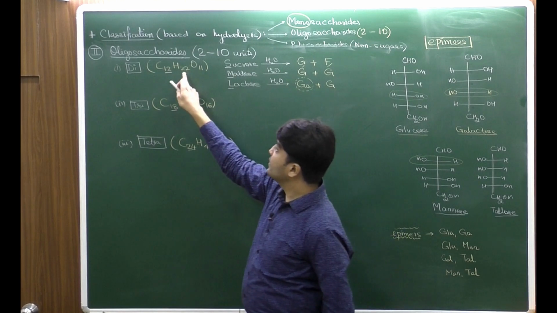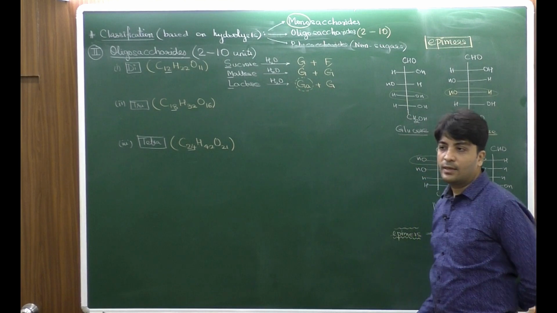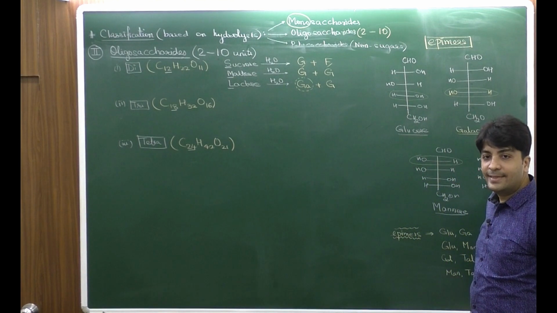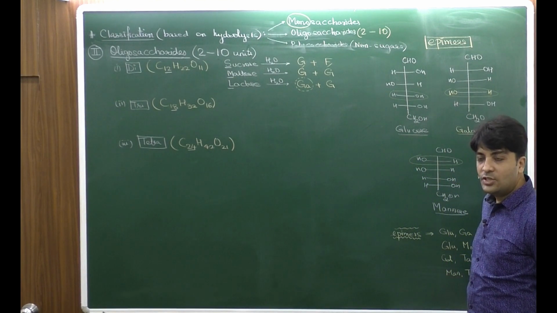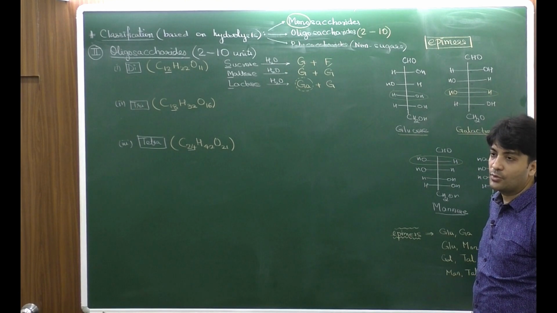So once you remember this formula, the other two formulas will come to mind. Clear? It's C12, C18, C24, then H 22, 32, 42, O just half of the hydrogen.